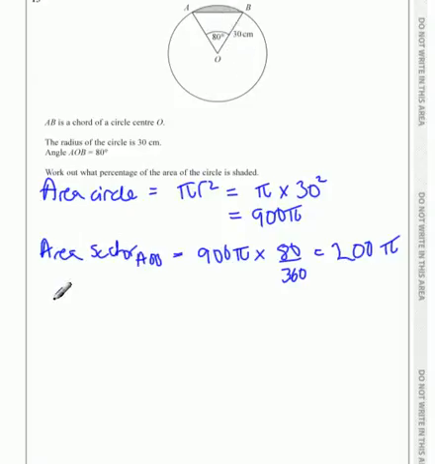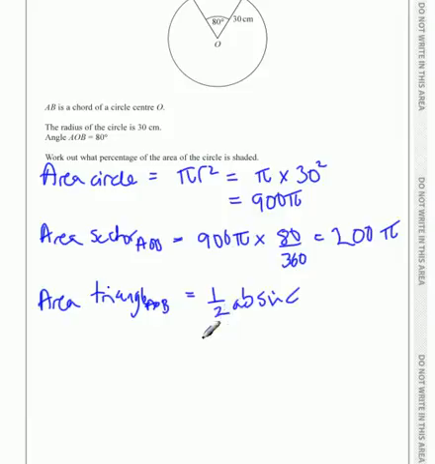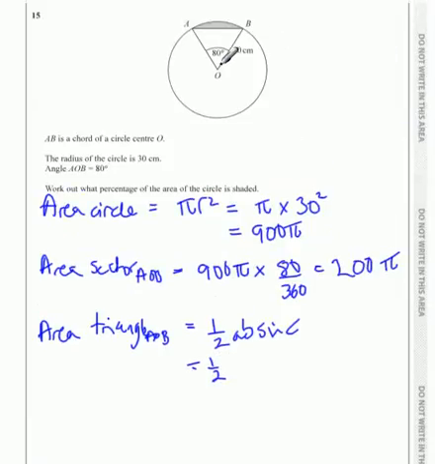Also need the area of the triangle. So area of the triangle, and again that's AOB. That is going to be from the area of the triangle formula, not the cosine rule. So that's half ab sine C. In this case, our a and b are the two sides either side of the angle. So that's these two here.